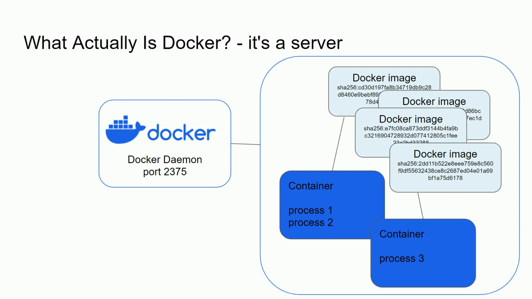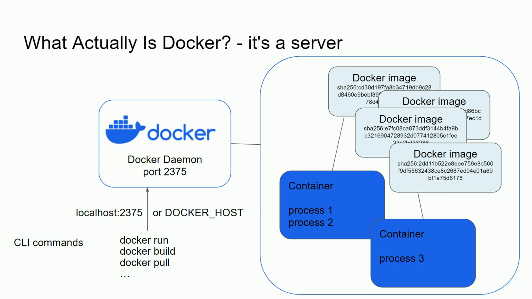That's what people mean when they talk about the Docker daemon. The daemon typically listens on TCP port 2375. And applications invoke Docker functions by running command line utilities, which connect to that port on the application's behalf and send requests to the daemon. By default, those utilities connect to the local host, but that can be changed by setting the Docker host environment variable.